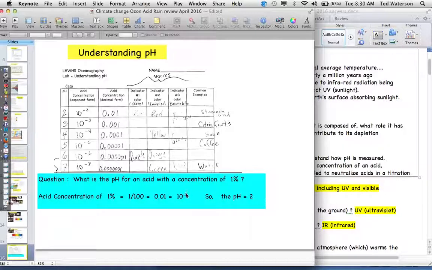And remember, it's that negative exponent that the pH is really measuring. So water has this natural ability to have this low concentration, this 10 to the minus 7th concentration of acid in it. That's just what water naturally does, and that's where that pH of 7 comes from.